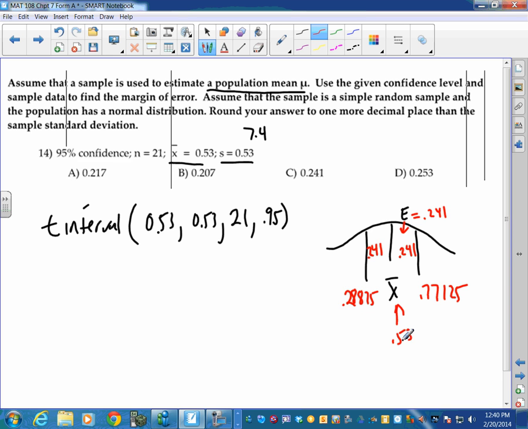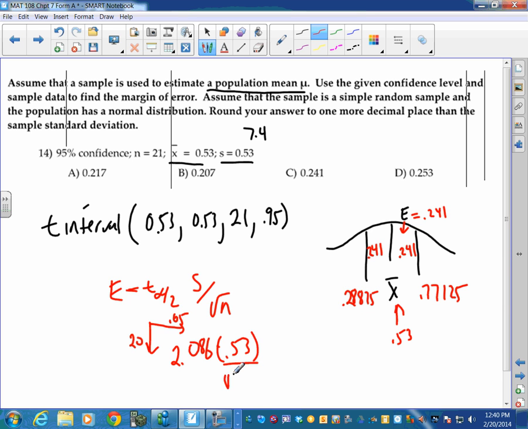The other way of doing it is to use E equals T alpha over 2 times S over the square root of N. For T, you go down 20 degrees of freedom, slide over 0.05, and you get the T-score of 2.086, times 0.53 divided by the square root of 21.